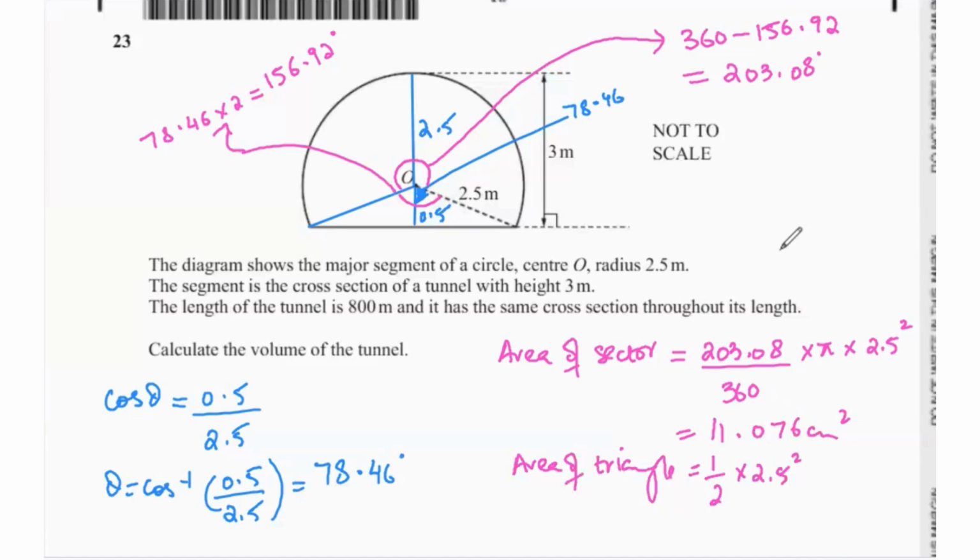The two lengths are 2.5, and then sine of the angle 156.92. That's going to give us 1.225 centimeters squared. So I'm going to remove this part.